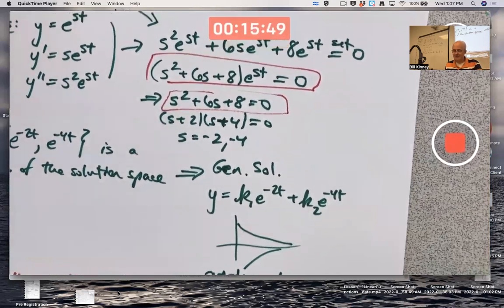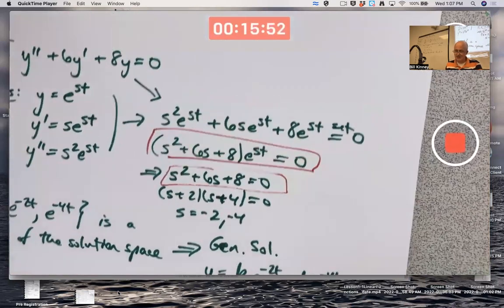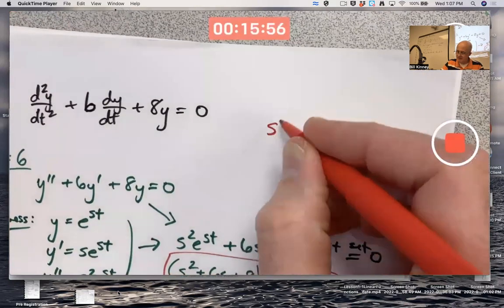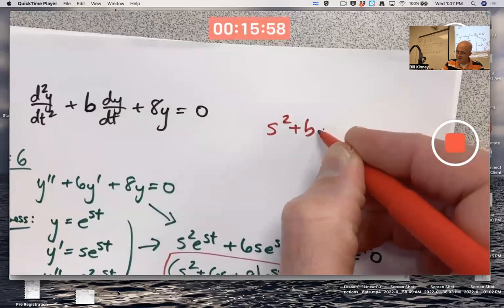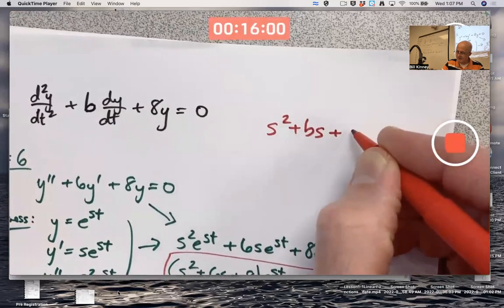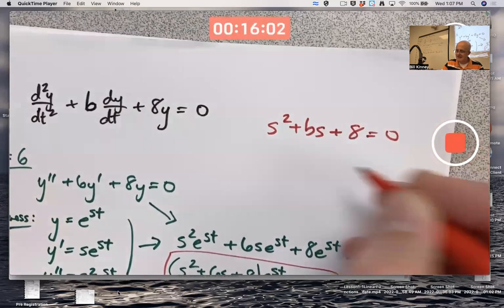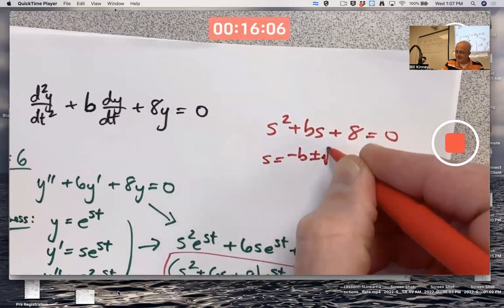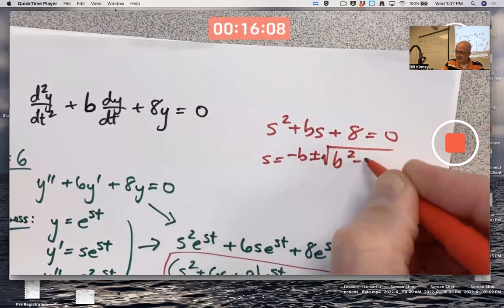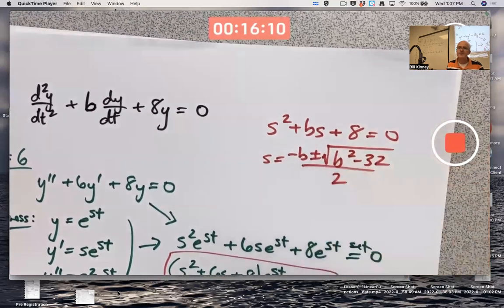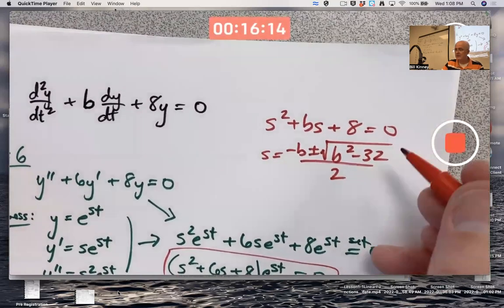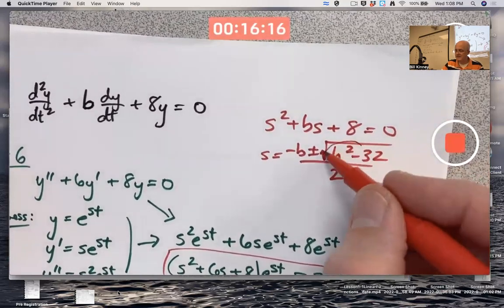And to find that, essentially you can think about the original equation and think about the corresponding quadratic equation in general that you're trying to solve for s, and think about the quadratic formula and get these roots in terms of b. And the boundary between real roots and complex roots is going to occur where this is 0.